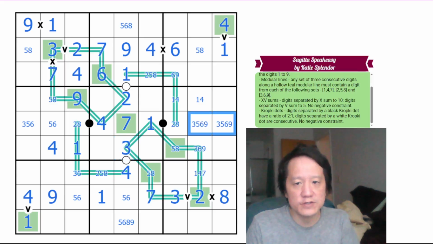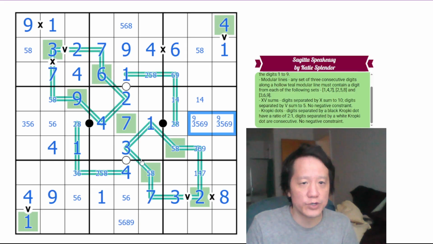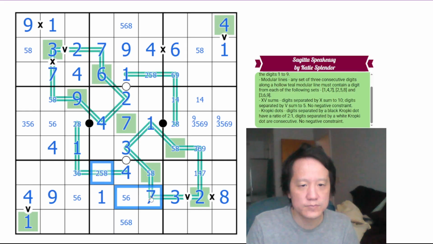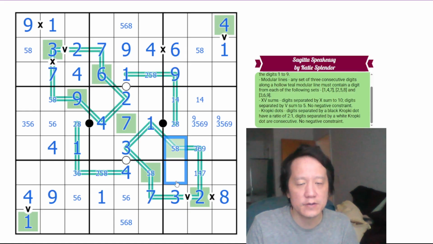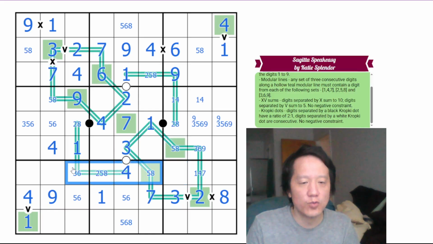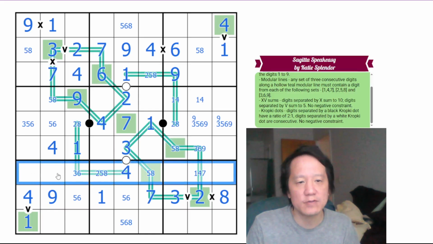We know one of these two digits is a 9. We're not sure which. This can't be 9 either. This 6 eliminates 6 here, so this is 9. Okay, so where is the 9 in row 7? It cannot be here because of the 9 in the box.